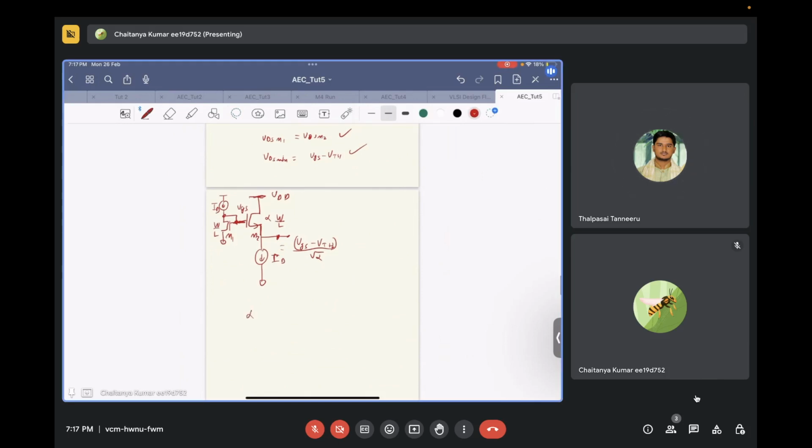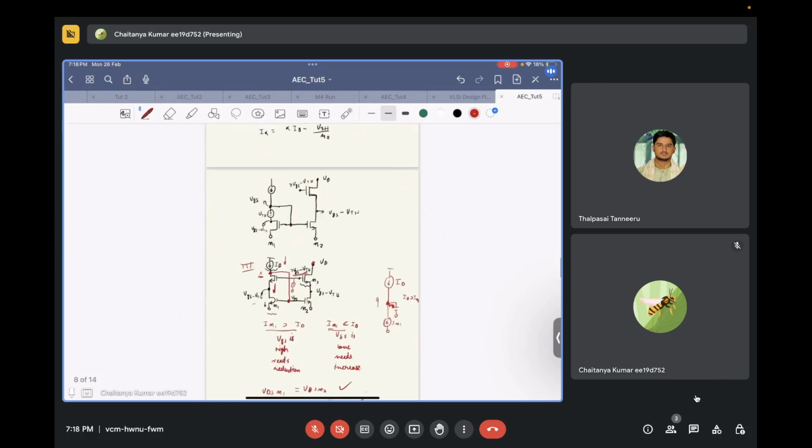Now let's say alpha is equal to 4. So what will you get at this particular node? Wait just a minute.